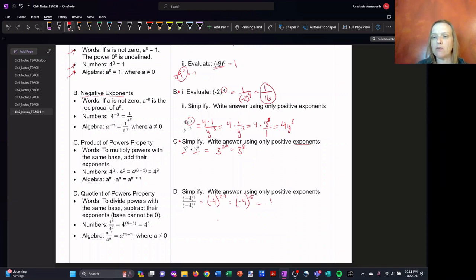So I'll rewrite this as 1 over negative 4 to the positive 5th power. The 4 still has a negative in front of it, but I'm raising it to the positive 5th power. Because I'm simplifying, not evaluating, I am finished at this point. I've written my expression with only positive exponents.